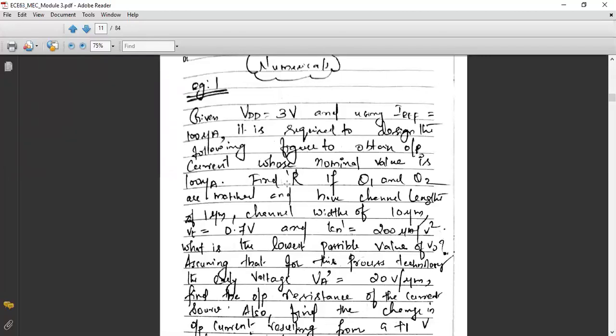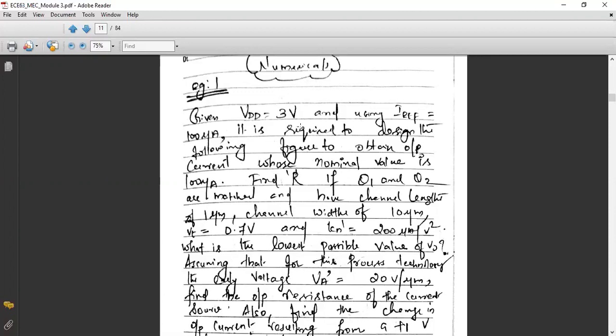Here I repeat, the reference current is determined by the resistance value R. So to get this 100 microampere current, how much resistance do you need to fix? That you need to identify.